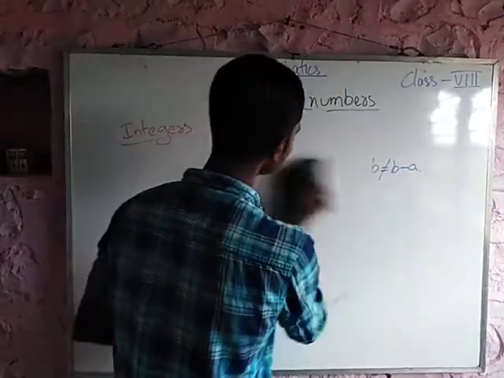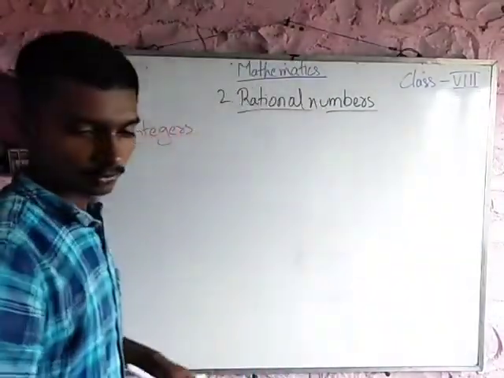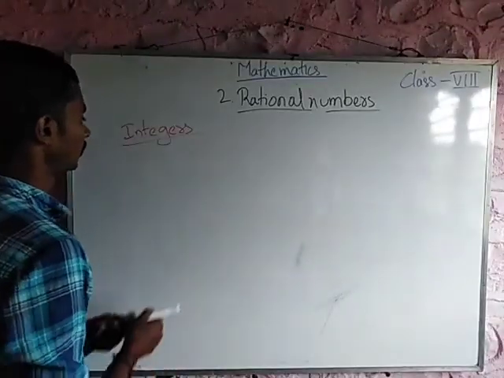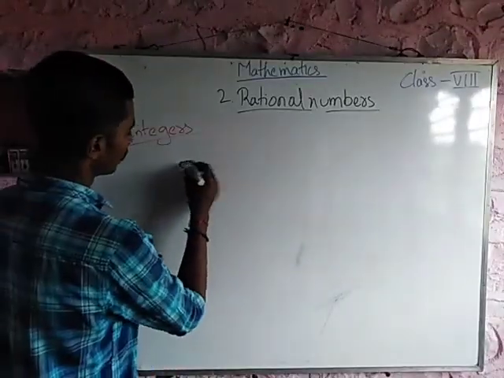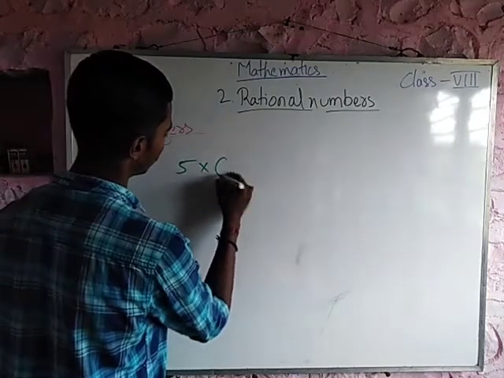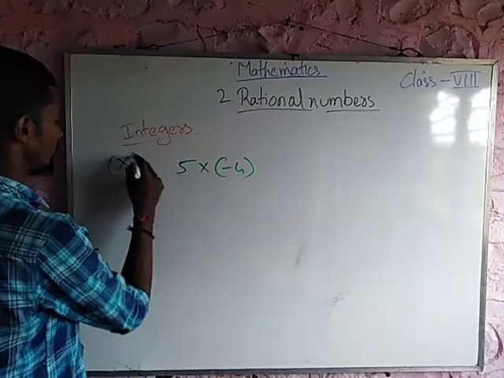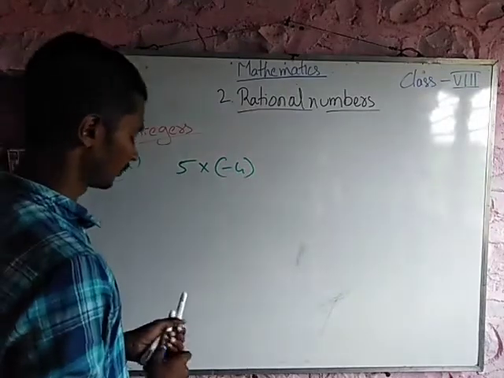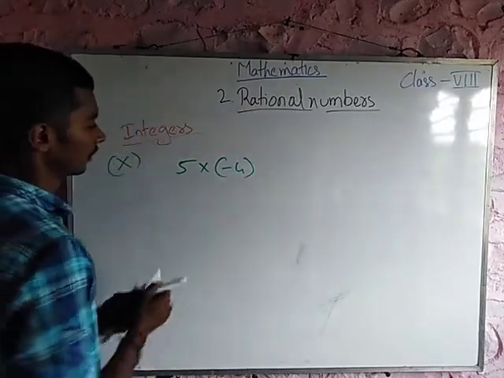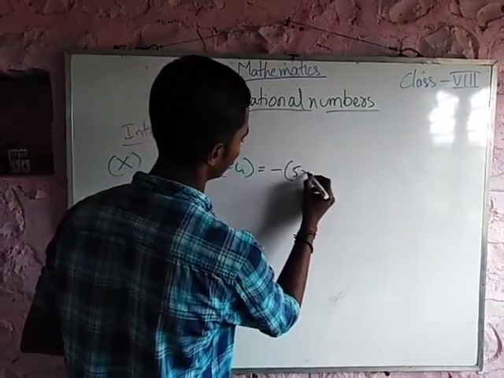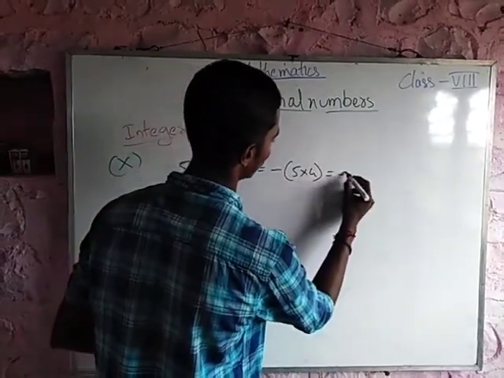Now multiplication. If I take examples of 5 and -4, this is multiplication. If I take 5 and 4, what will I get? The result is minus of 5 into 4, which is equal to -20.